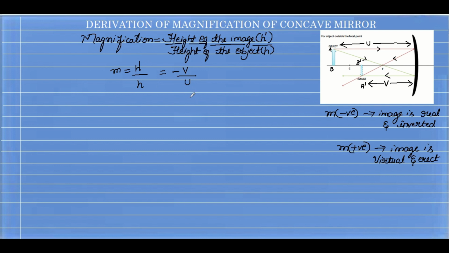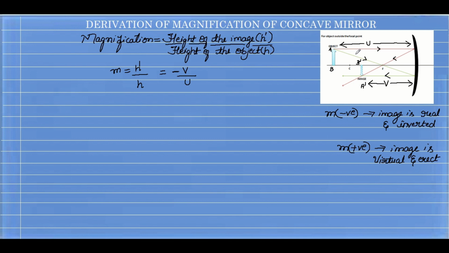You may note that the height of the object is taken to be positive, as the object is usually placed above the principal axis. I have already told you, if any object or image is above the principal axis, then that distance is taken as positive. The height of the image is taken as positive only for virtual images.